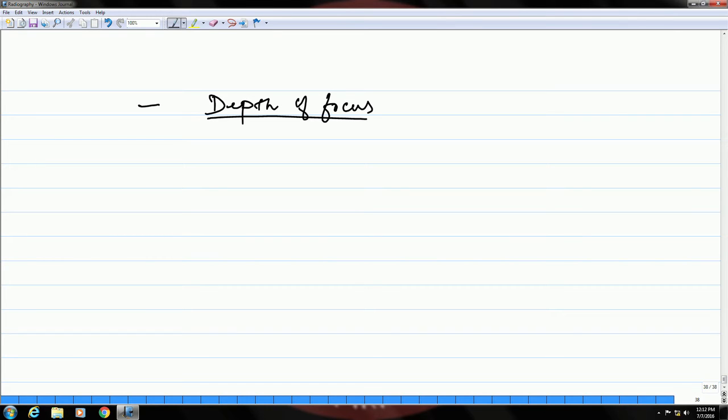So, if it is a finite size source, and if you have an object like this, so if you have features like this which are within this field of view, they can only be focused.